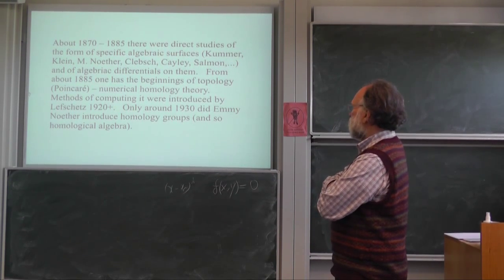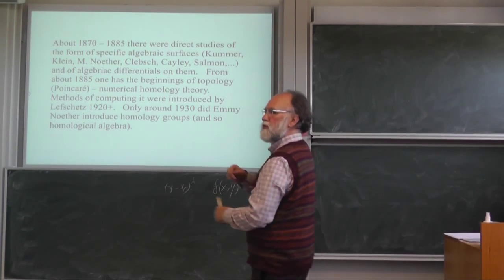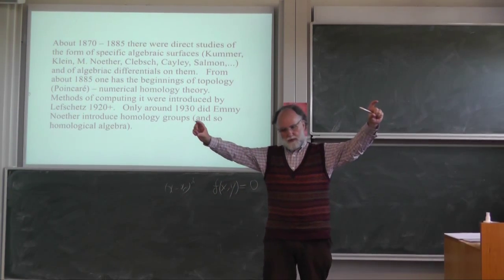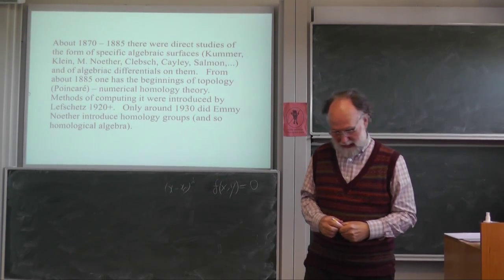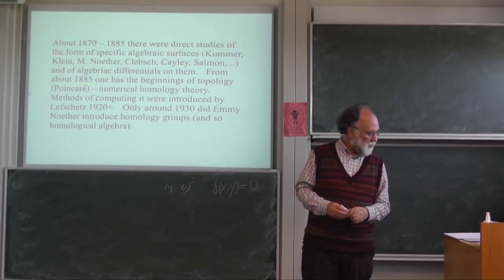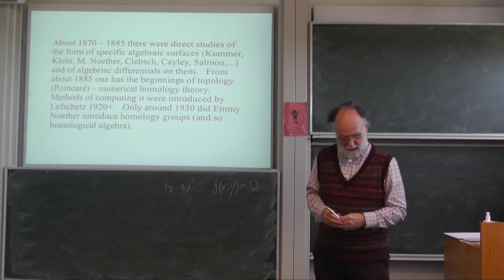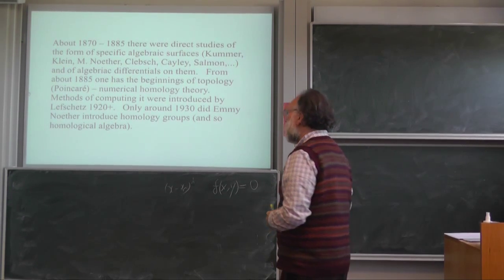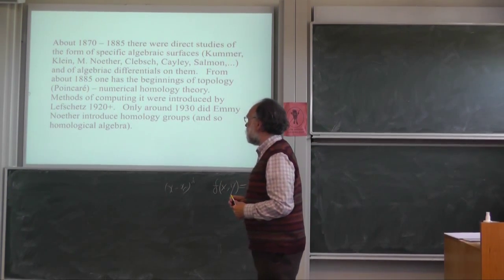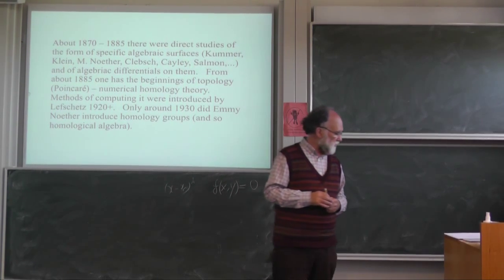And so what people were trying to do: you get some formula for a surface, and the problem is how do you find out what it looks like? There was some very ingenious work done, on the one hand by Kummer about his surfaces, and on the other hand by Klein and by various co-authors of Klein about cubic surfaces.